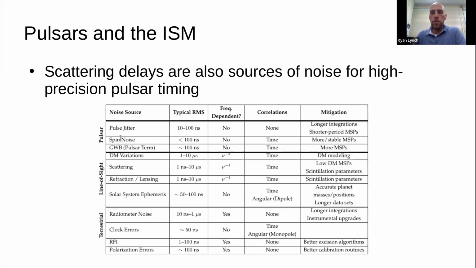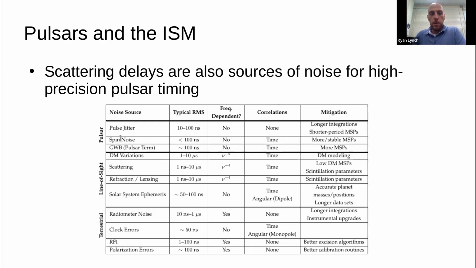And in order to obtain the best sensitivity in high precision pulsar timing, it is beneficial to either mitigate this by observing pulsars that just don't exhibit very much scattering, but that limits the sample that you could observe, or by going to very high frequency, but then you lose pulsar flux, or ideally by measuring the scintillation parameters so that you can determine scattering timescales, which are dynamic and vary with time, and correct for them after the fact.